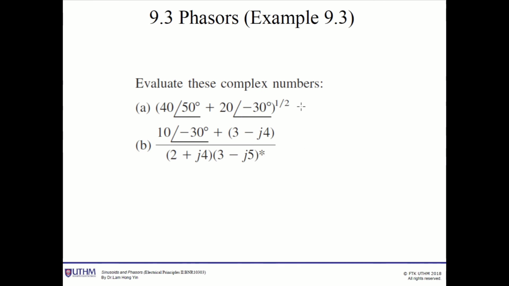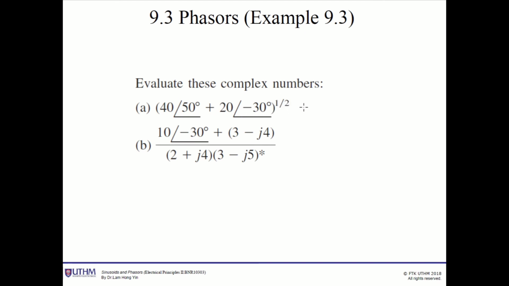So let's look into an example on complex numbers. The operation, we look at this 9.3a first. 40 angle 50 degree plus 20 angle minus 30 degree, square root, 1 over 2.